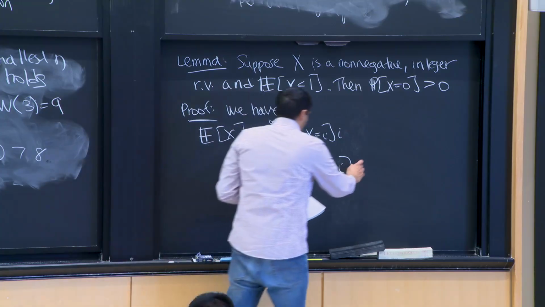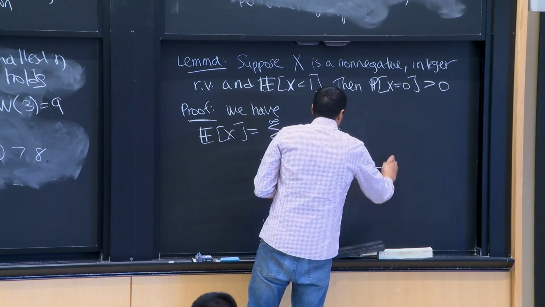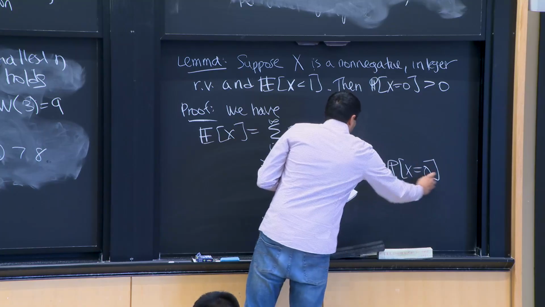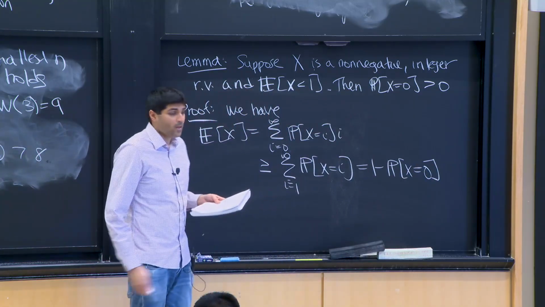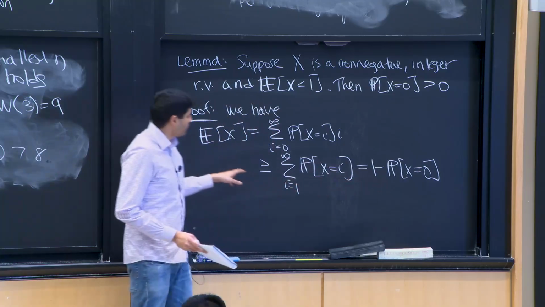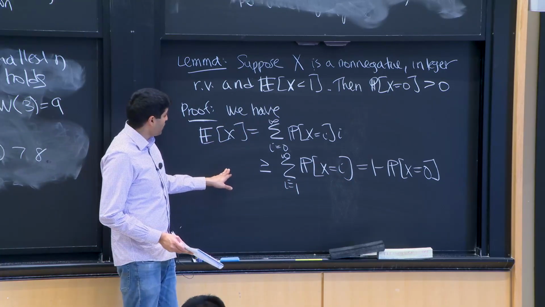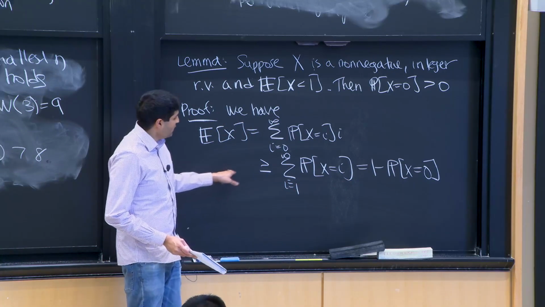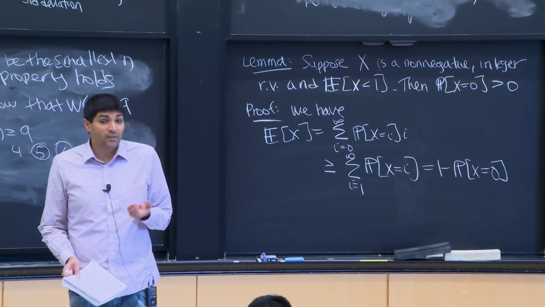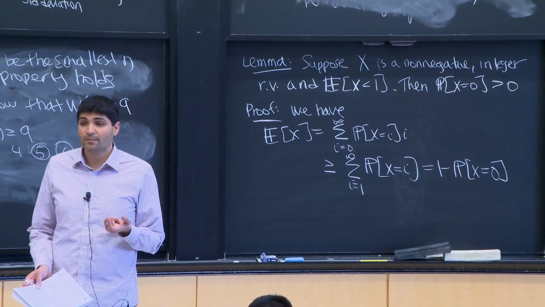And this quantity right here on the right-hand side is just 1 minus the probability that x equals 0 by definition. So now if I rearrange this, I'm going to get that the probability of x being equal to 0 is lower bounded by 1 minus the expectation of x, and the expectation of x is less than 1.